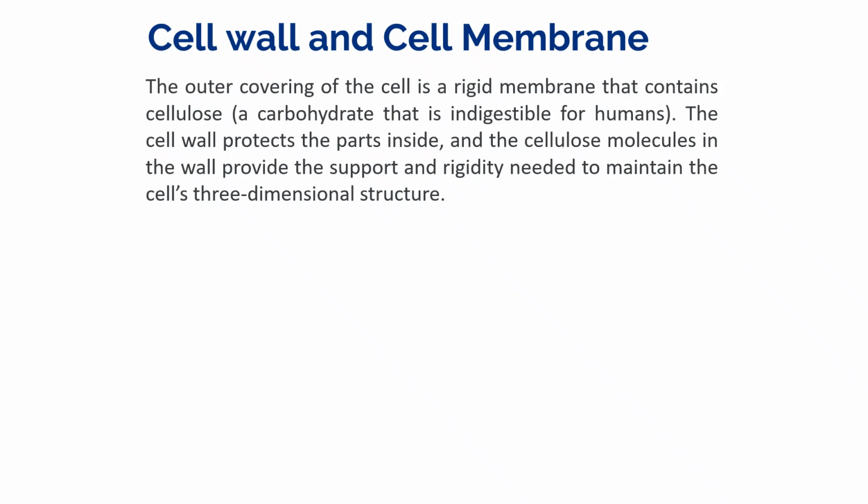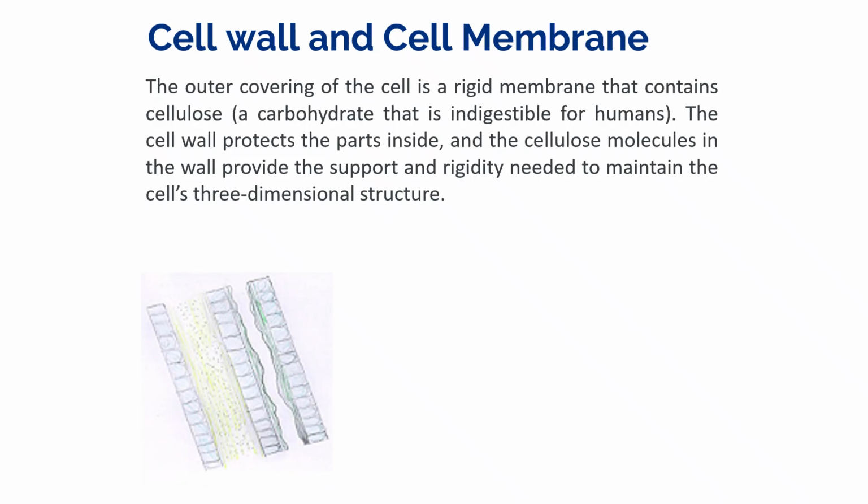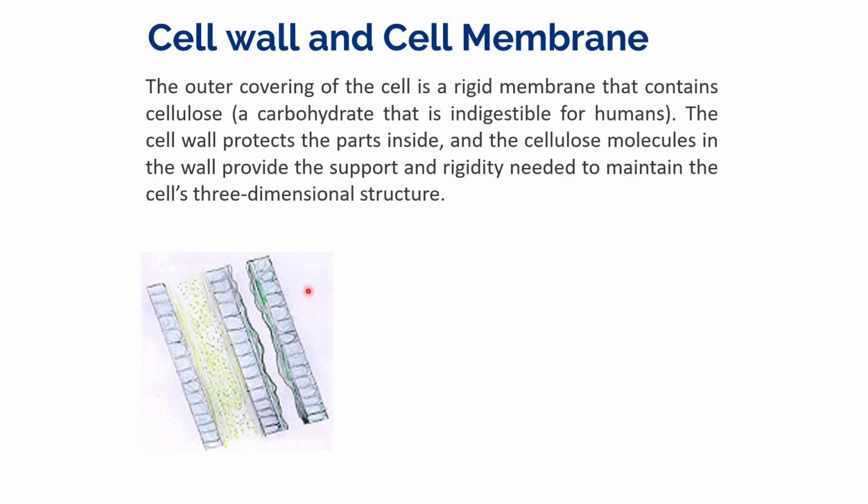The cell wall protects the internal components of the plant cell. Cellulose molecules in the wall provide the support and rigidity needed to maintain the plant cell. Here in this picture, if you see, this is the protective cell wall, and just beneath the cell wall we have the cell membrane.